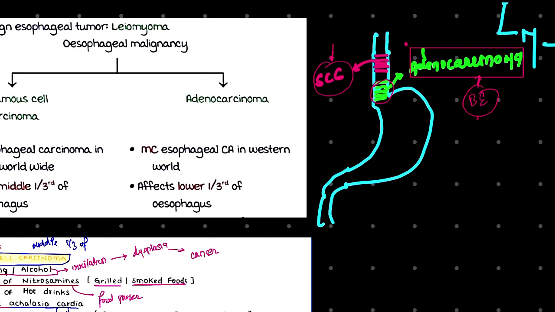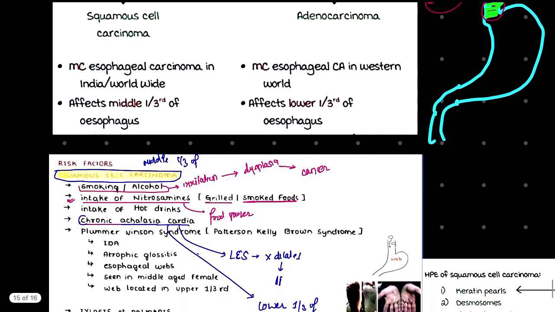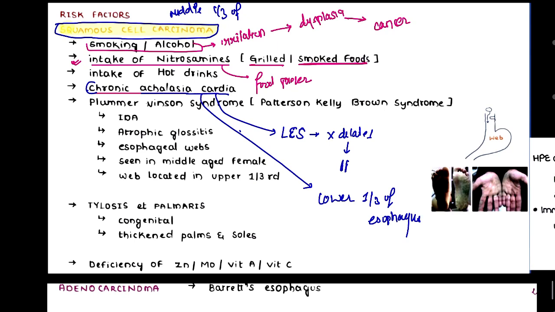But if the question is lower esophageal cancer which is squamous cell carcinoma, then we have to choose chronic achalasia cardia. So that is the important point that we need to keep in our mind right here.